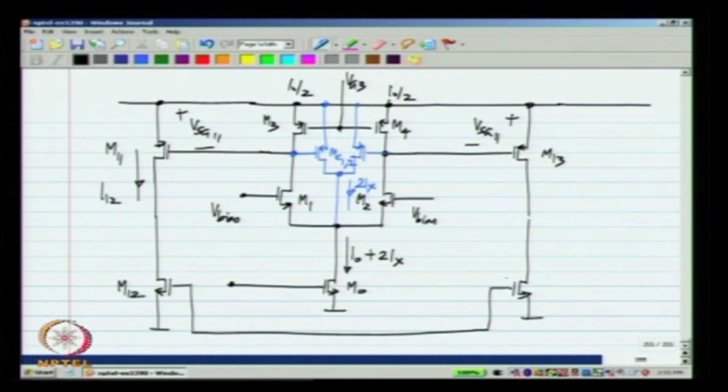We need to provide the common mode feedback to the second stage, that is M12 and M14, so that the output common mode voltage reaches the desired value.